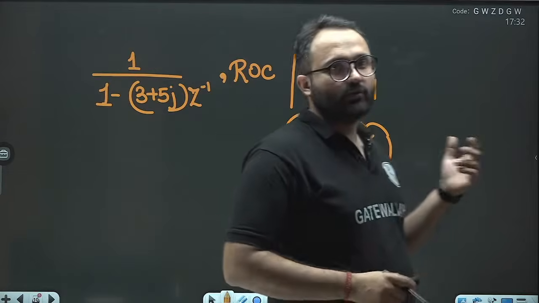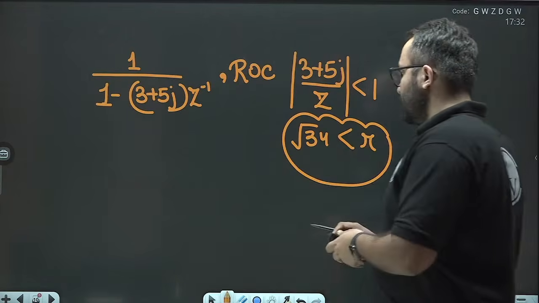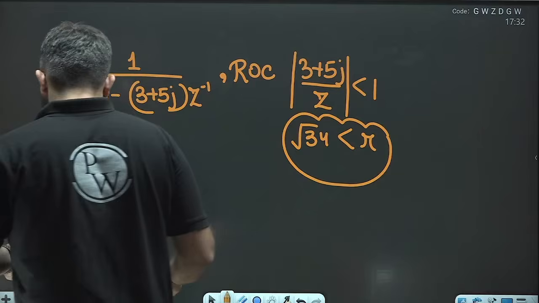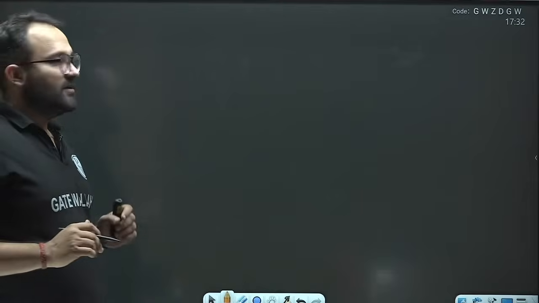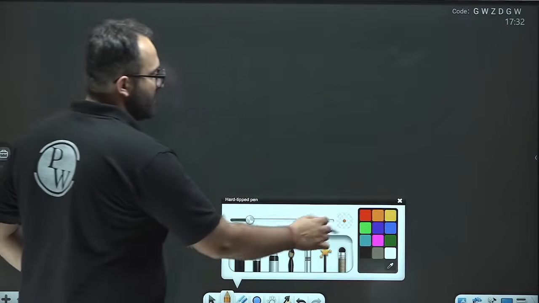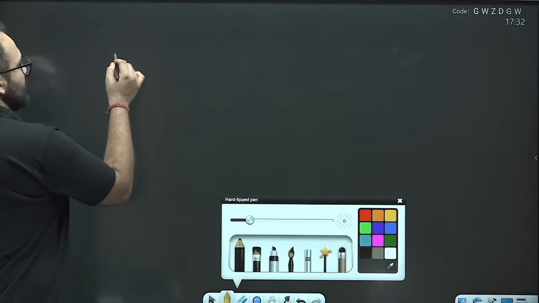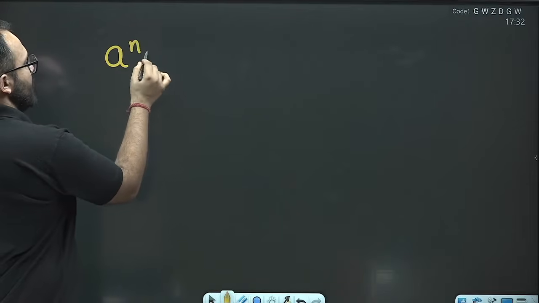Let me write that here. Before moving to the next point, let us conclude it here. We can see that the general format of the question is like this: A to power n u[n].